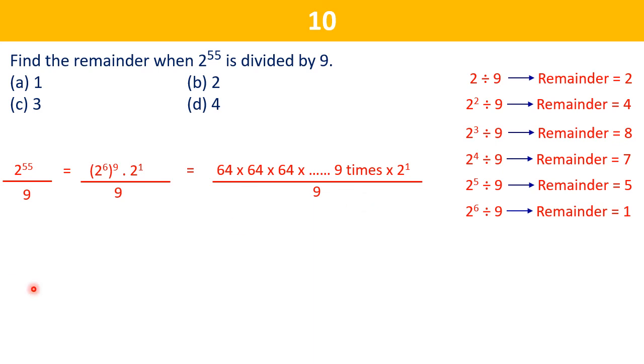Everything divided by 9. Now if I divide every 64 by 9, I get the remainder as 1. So the remainder obtained will be 1, 1, 1 for 9 times, and the last 2, if divided by 9, the remainder obtained is 2. The product of all such remainders is 2. Hence, when 2 to the power of 55 is divided by 9, the remainder obtained is 2. Option B is the right answer.